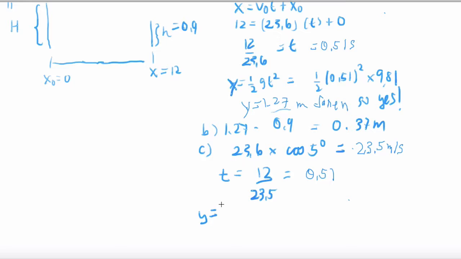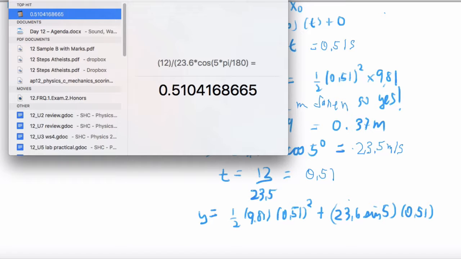In the y direction, we need to see what's happening with the following. So we have 1/2 times 9.81 times 0.51 squared plus 23.6 times the sine of 5 degrees times t, which is 0.51. So let's just double check and see what that falling speed is.